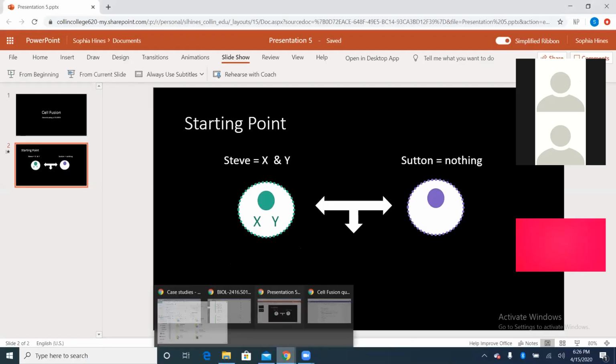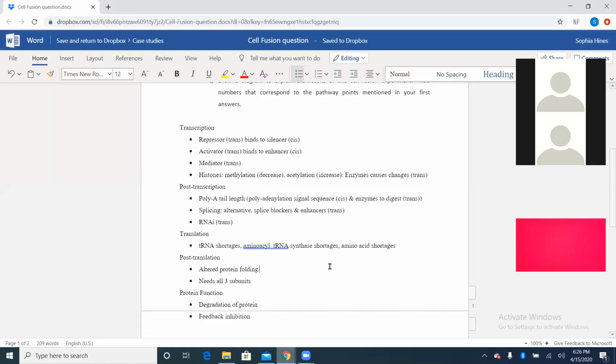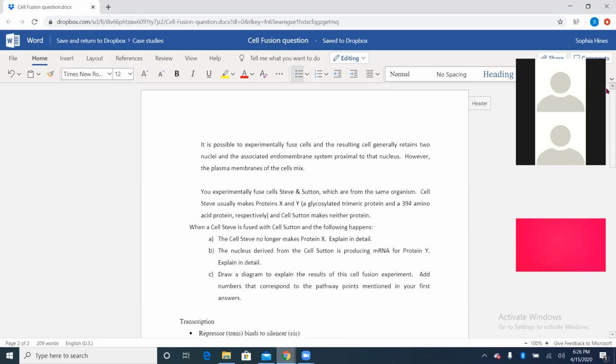So the first thing I want to point out is, do these cells have the same DNA sequence in them? Now, we said as part of our instructions here that they came from the same individual. You experimentally fuse cells Steve and Sutton, which are from the same organism. So that means they have the same DNA blueprint inside both of the cells.